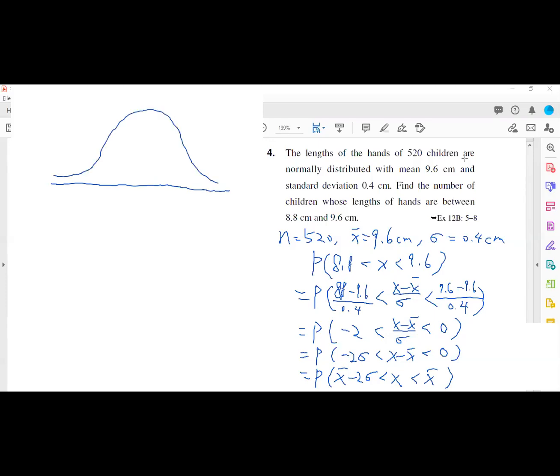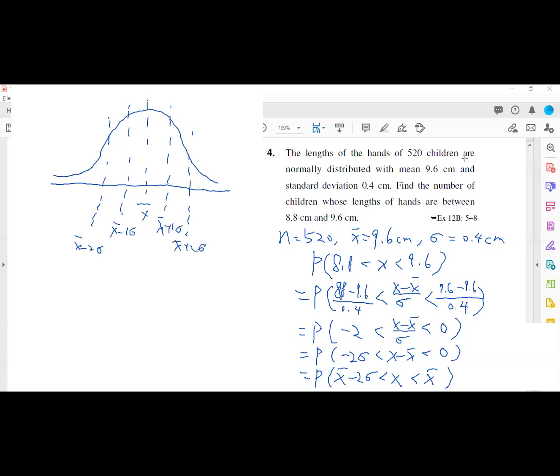Going to the graph, and this is x bar, and we have x bar minus 1 sigma, x bar minus 2 sigma. Okay, and this is x bar plus 1 sigma, x bar plus 2 sigma.